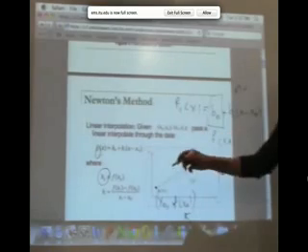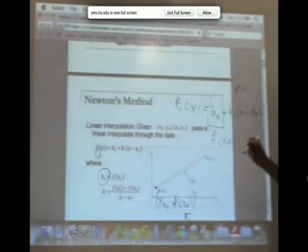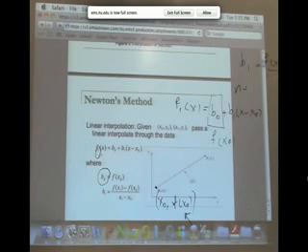For b1 though, I don't call it equal to f of x1. b1 is f of x1 minus f of x0 divided by x1 minus x0. So what does that tell you when you look at this formula of b1?